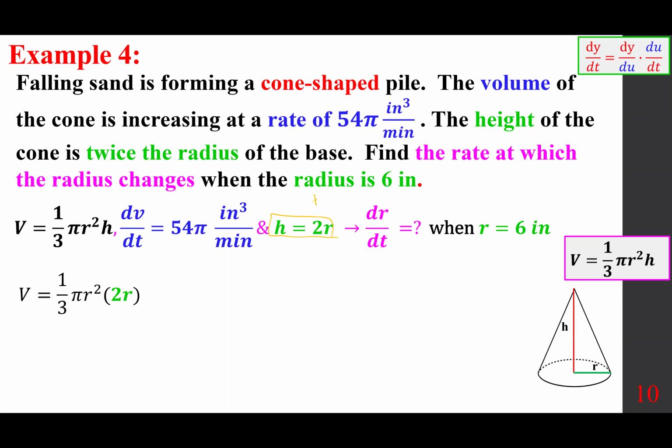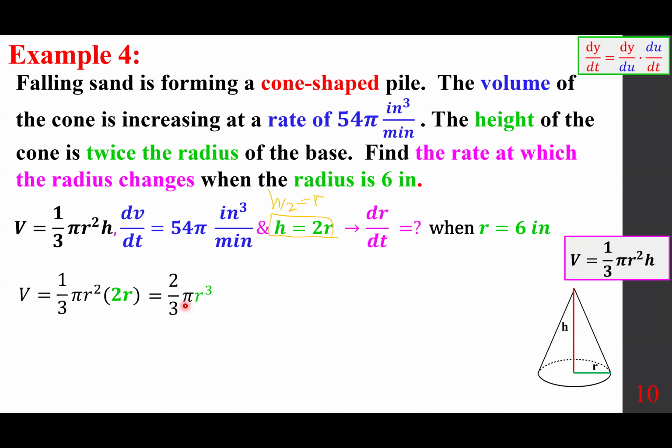This means r is h over 2. You can change it here. Anyways, this one will result in 2/3 pi r cubed. Everything so far we've done is just algebra. We are writing the given and the algebra, and now differentiation, dV dt.